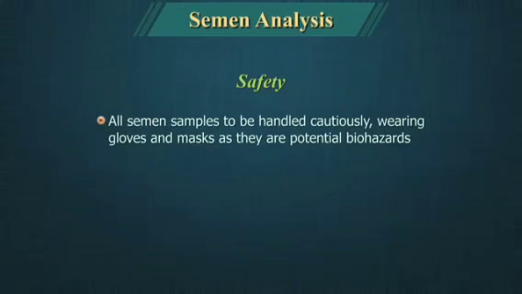All semen samples should be handled cautiously, wearing gloves and masks as they are potential biohazard. The sample should be discarded following the biological waste management guidelines after completion of the test.